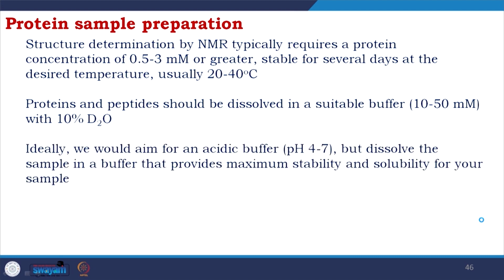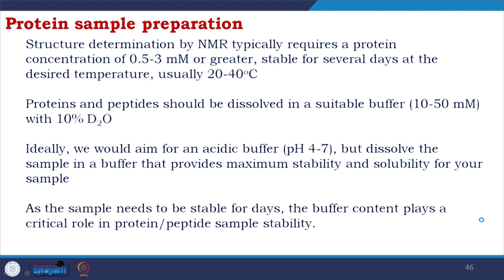Ideally, we would aim for an acidic buffer, pH 4 to 7, but dissolve the sample in a buffer that provides maximum stability and solubility of the sample. As the sample needs to be stable for days, the buffer content plays a critical role in protein peptide sample stability. So, in NMR, which is not very much needed in crystallography, you should do a buffer optimization.